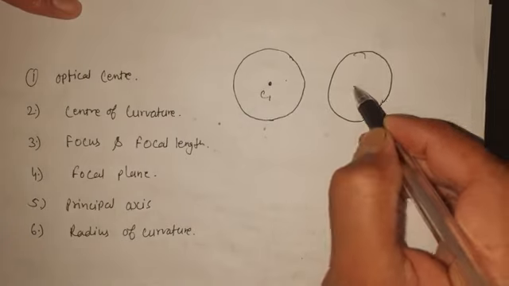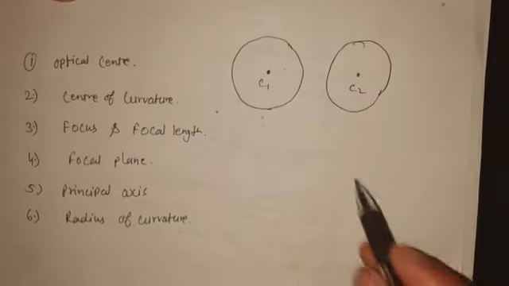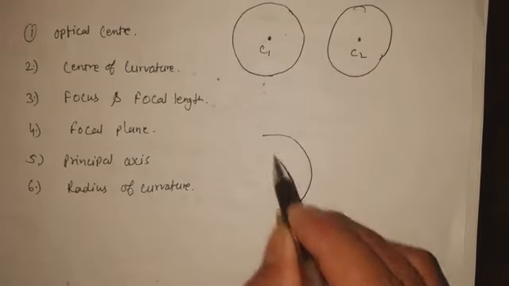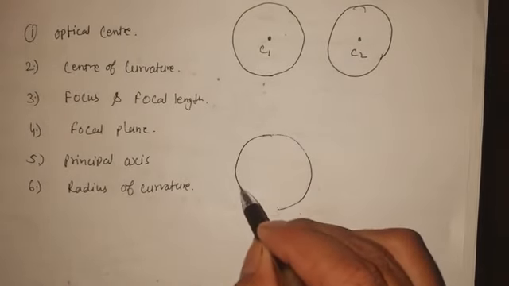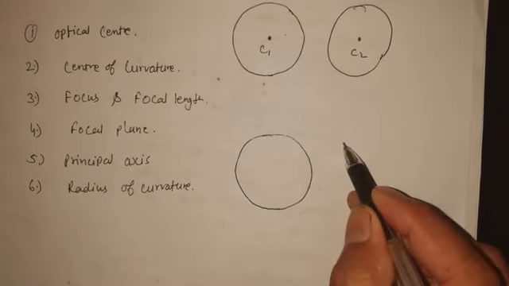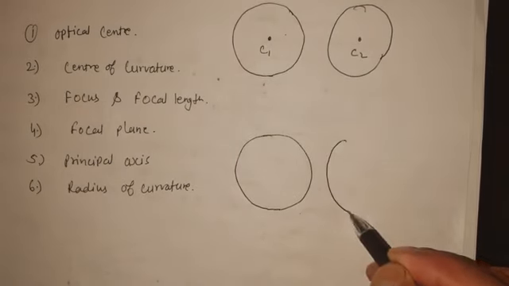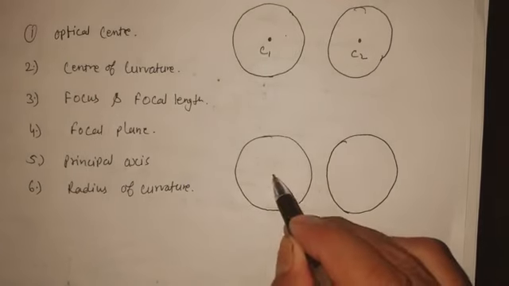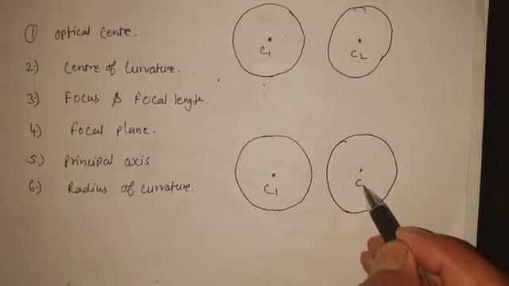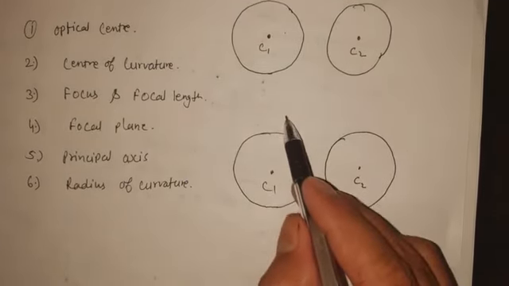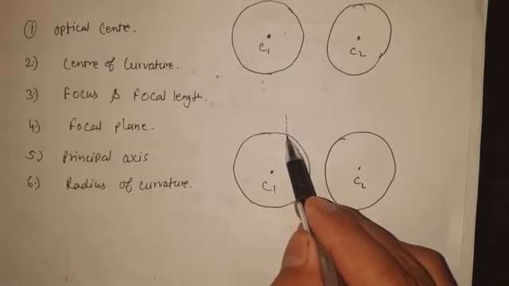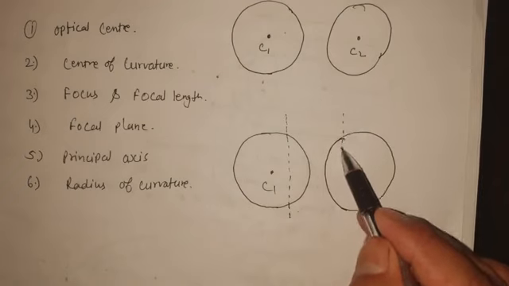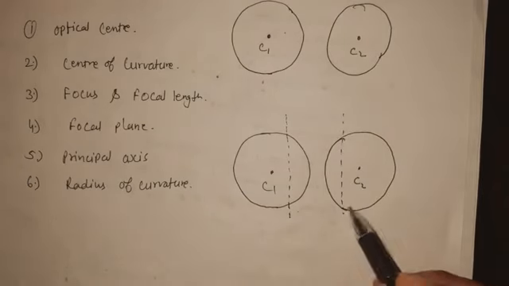Next, the distance between O and C1 is radius R1, while the second is radius R2. Now the important point is, what will be its focal length? We already know that this is a diverging lens, which means that a ray of light falling on it spreads out.